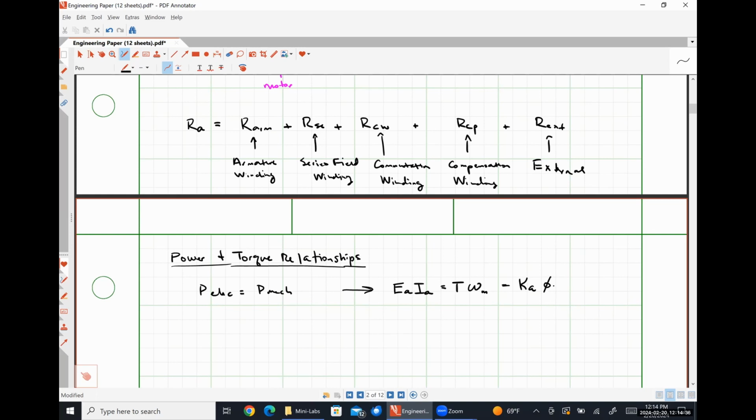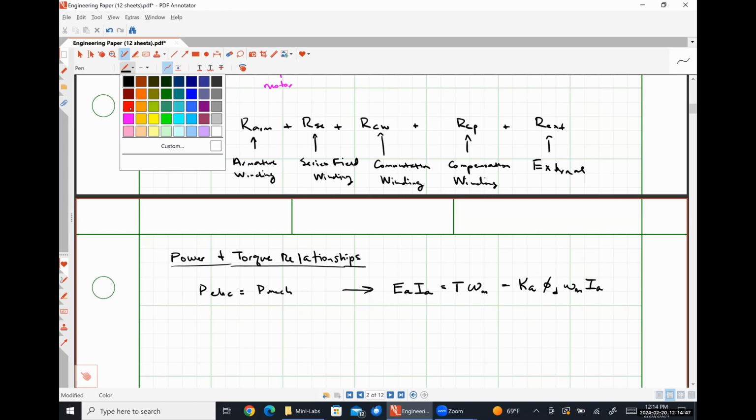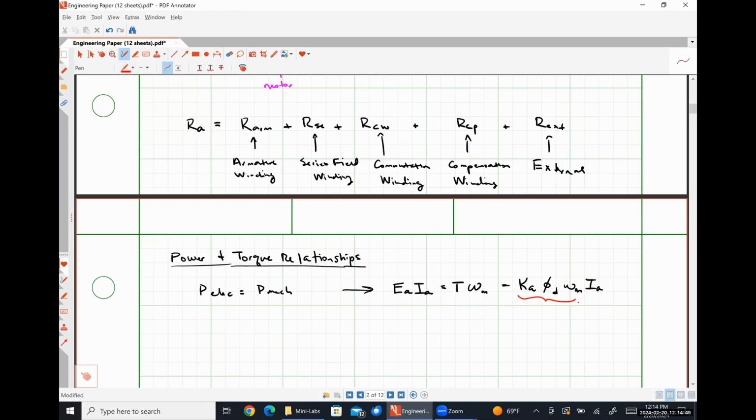KA times phi D times omega M times IA, where this bit right here is just our relationship for EA that we developed in our last class meeting.